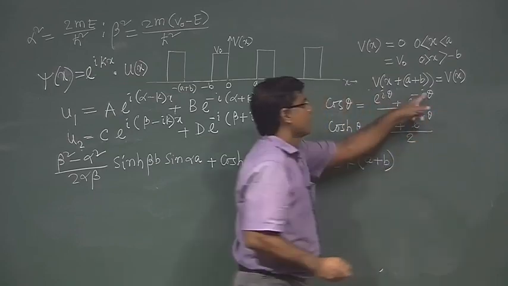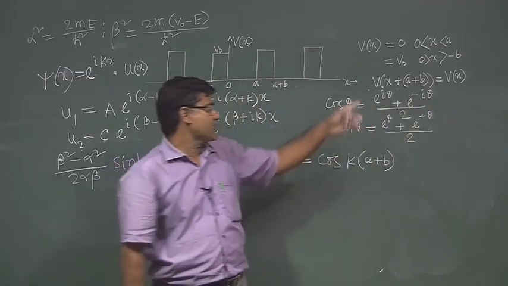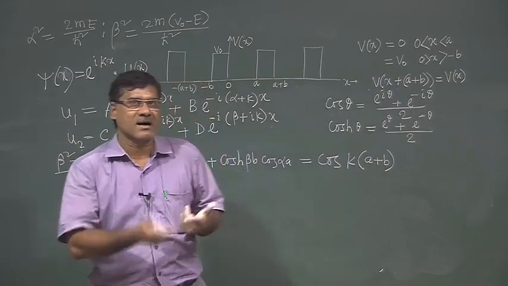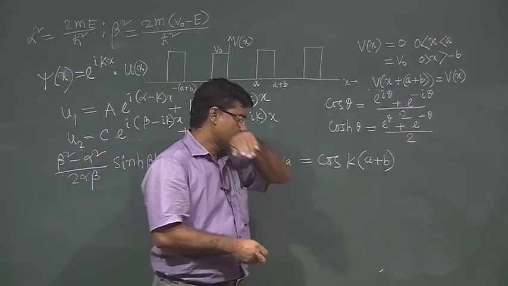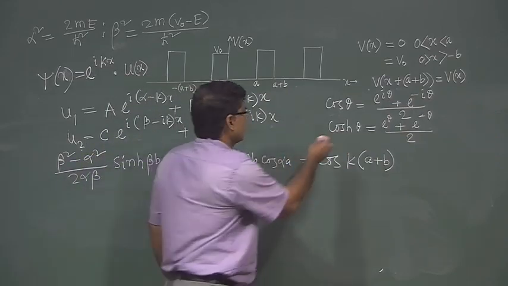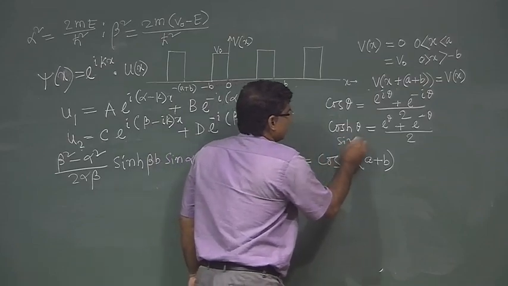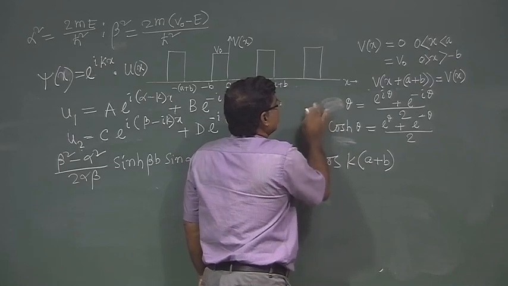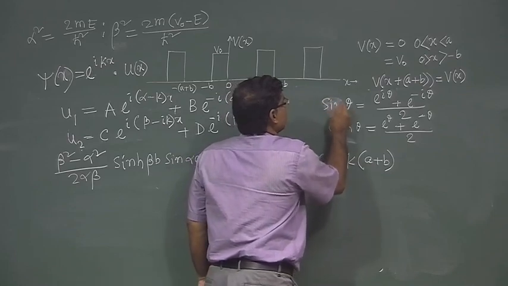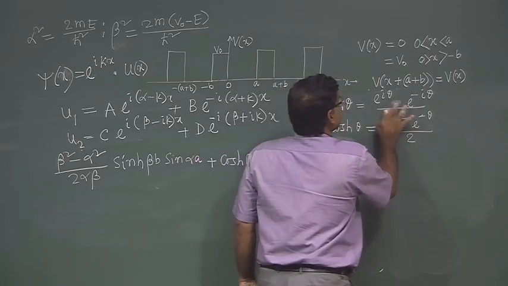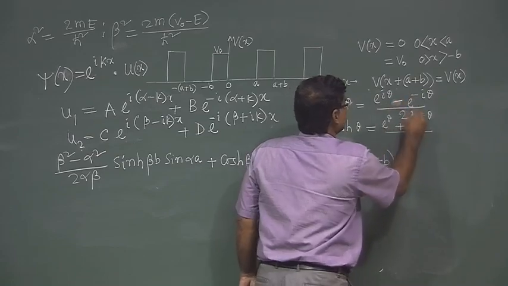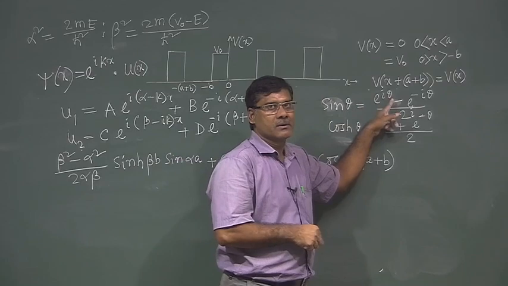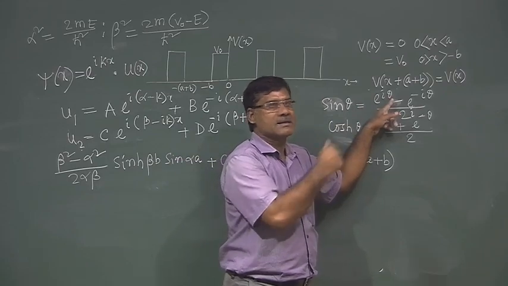When this complex i is not there, one just has to remove this complex i. So that function is called a hyperbolic function. Similarly for sine theta, this becomes minus and 2i, because e to the power i theta equals cos theta plus i sine theta.